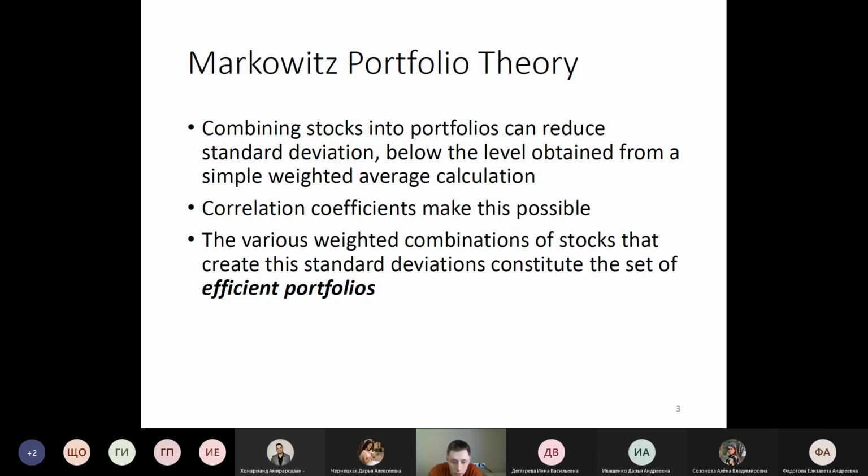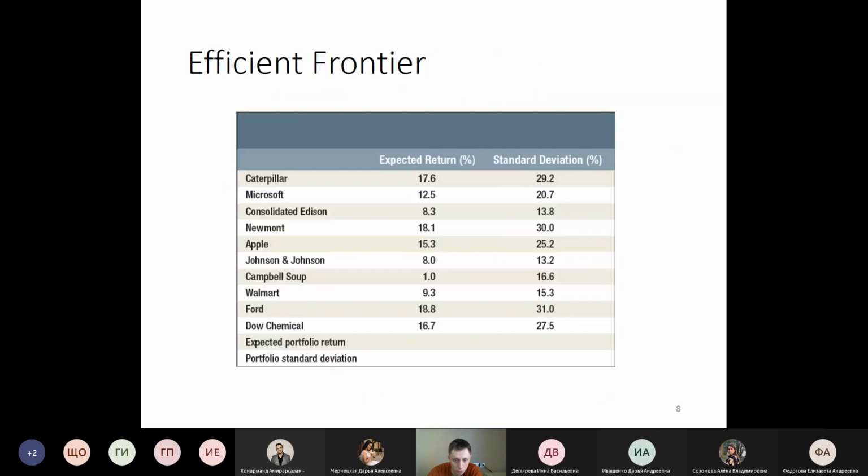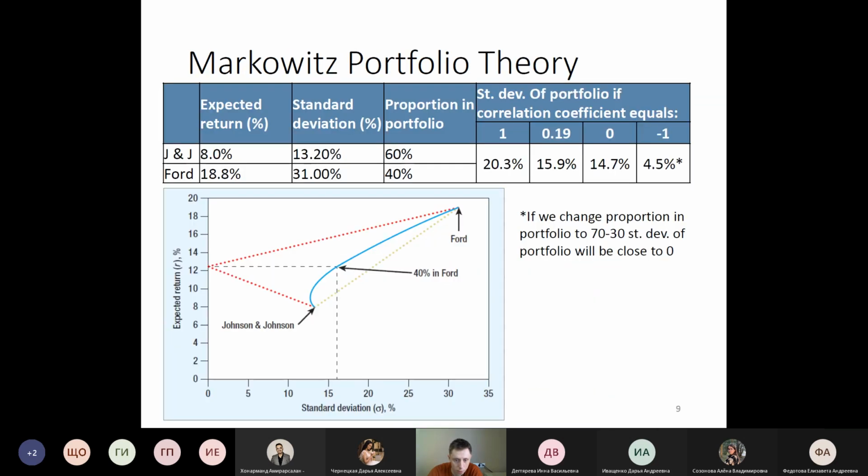So there were multiple ideas that we discussed there, including the idea of efficient portfolios. By efficient portfolios, we meant the set of combinations of different assets that provide the highest return for any given level of risk.